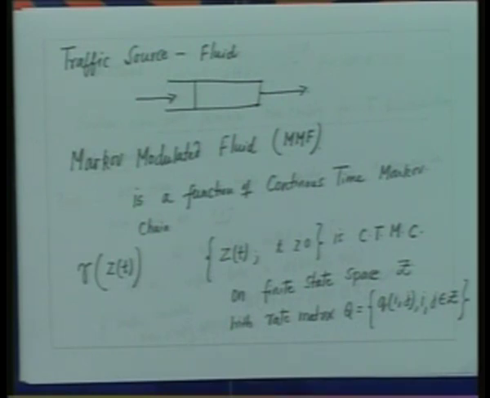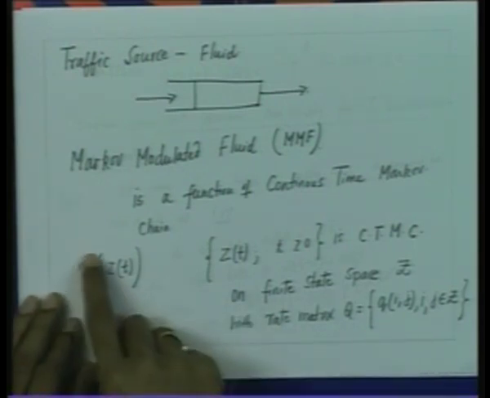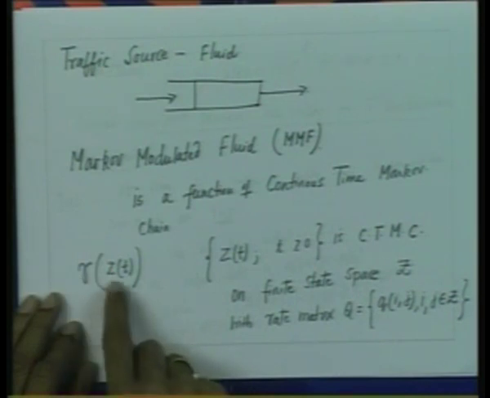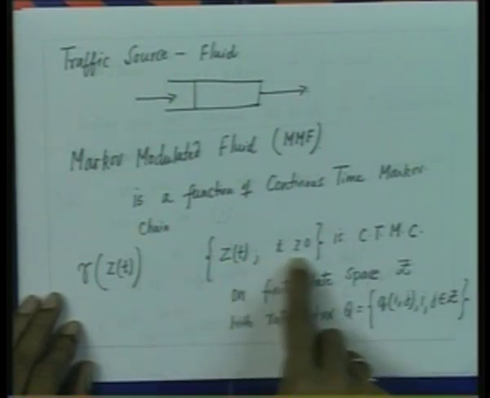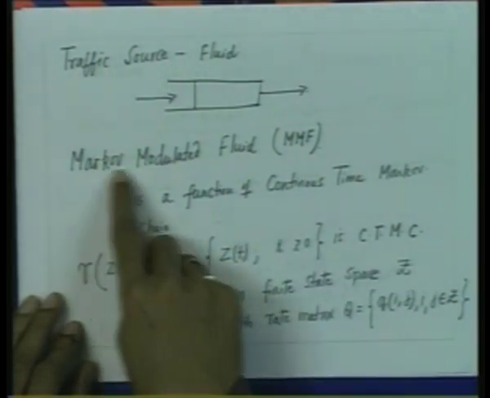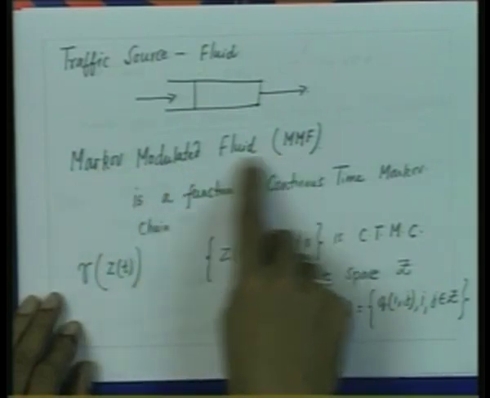It may transition from state i to state j with rate given by Qij. And when it is in the state i, the fluid may be transmitting at a rate which is a function of that state i. So the rate at which it transmits is a function of the state, and the state itself is evolving as a continuous time Markov chain, and that is why we call it a Markov modulated fluid.